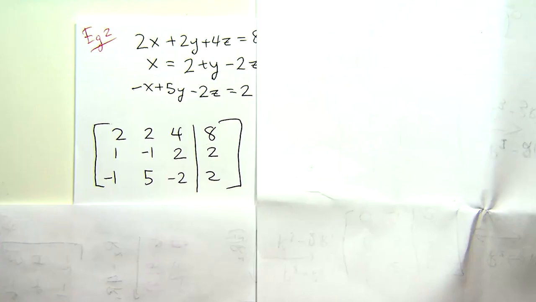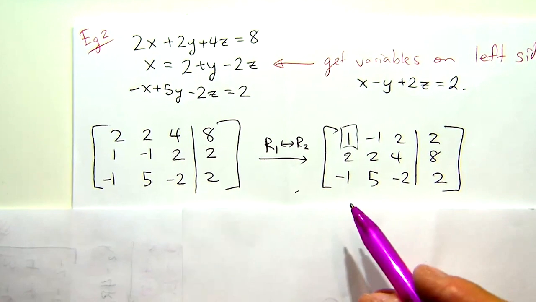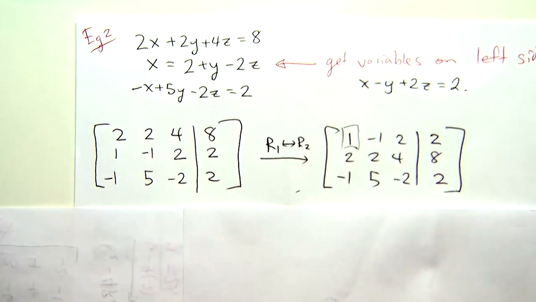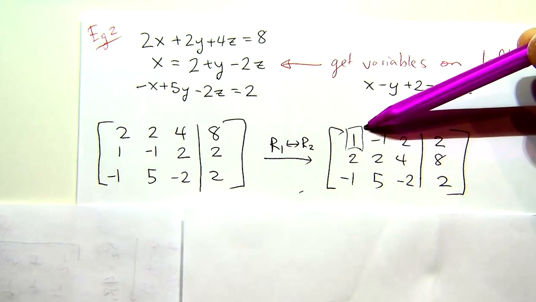To get a 1 in the top left corner, all I'm going to do is switch row 1 and row 2. Remember, that's one of your allowed operations. You can just switch 2 rows. Okay, and now I've got my 1 in the top left corner.